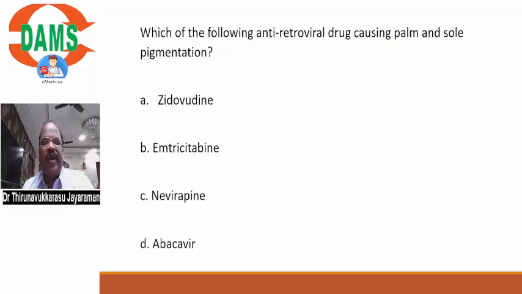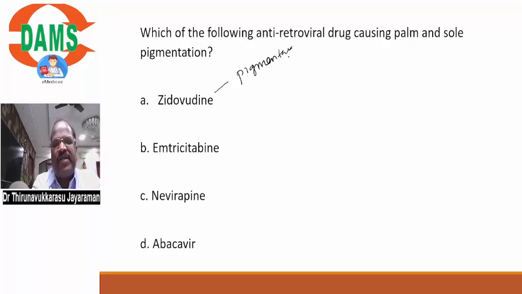Which of the following antiretroviral drugs causes palm and sole pigmentation? Options are zidovudine, emtricitabine, nevirapine, abacavir. Good question, but they ask only a single response question. Actually, zidovudine causes pigmentation of the nail.